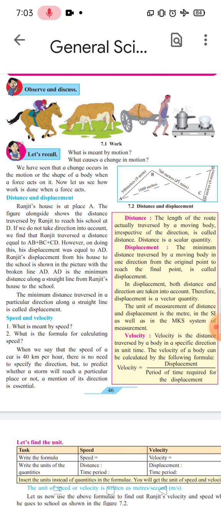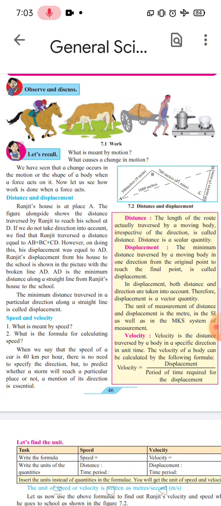So let's study what is displacement. Ranjit's displacement from his house to school is shown in a straight broken line. He has traversed directly A to D. It's a displacement. The minimum distance traversed in a particular direction along a straight line is called displacement.